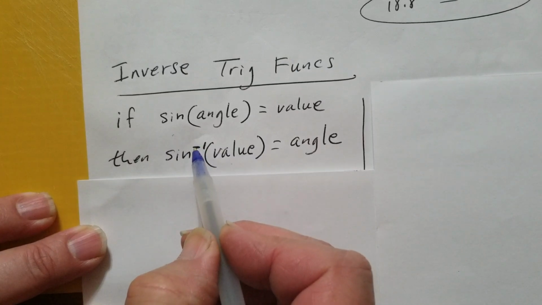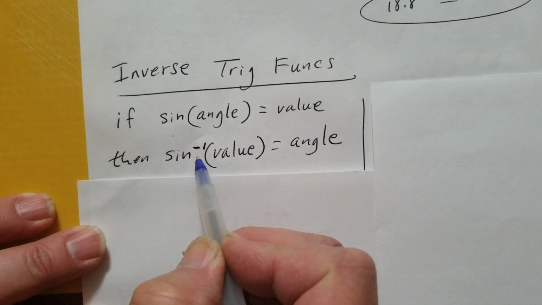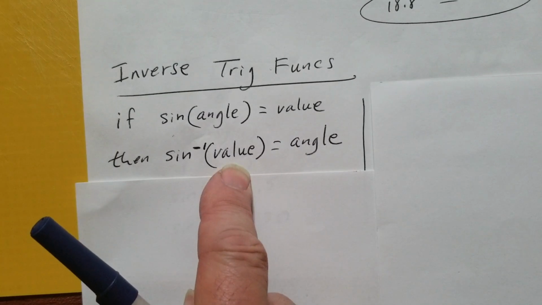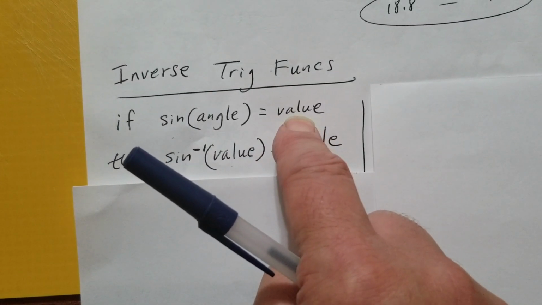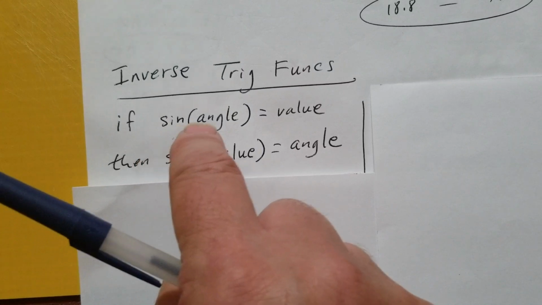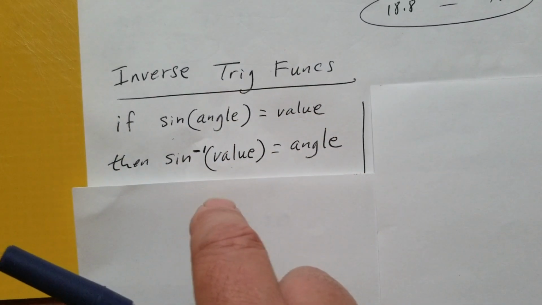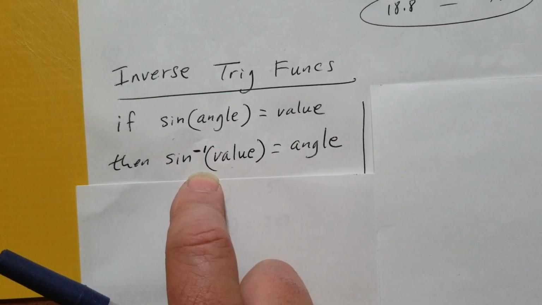So this little -1 just means inverse sine. This is in the calculator also. So now, if you're looking for the angle, you're going to use the inverse. If you're looking for the value of the side, then you just use sine of the angle, and then you got the side. But if you're looking for the angle, then you do inverse sine, okay?